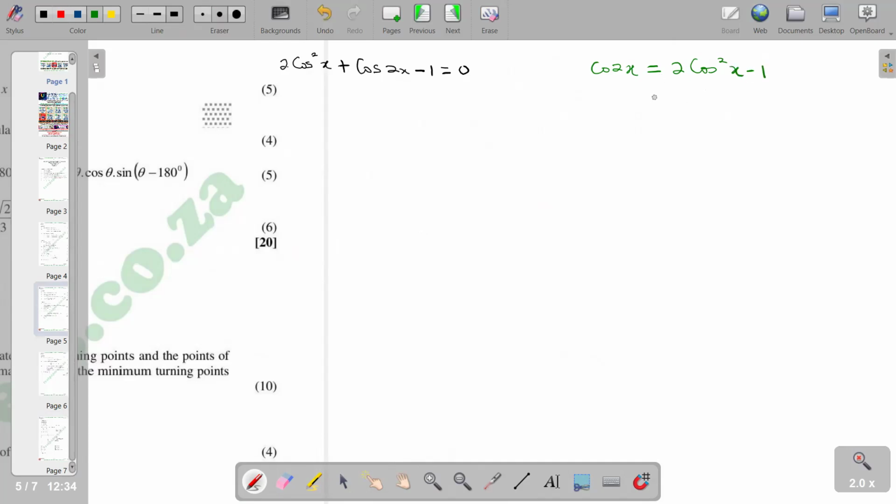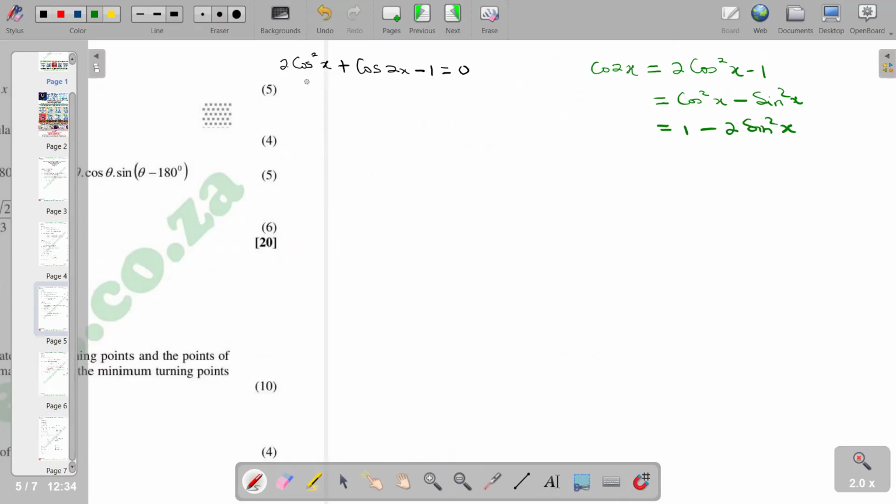Or this formula can be written as cos squared x minus sine squared x, or cos 2x equal to 1 minus 2 sine squared x. Using this formula, take note that we are dealing with solving a trigonometric equation.